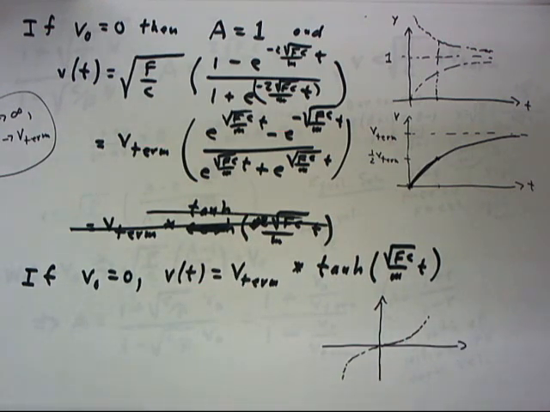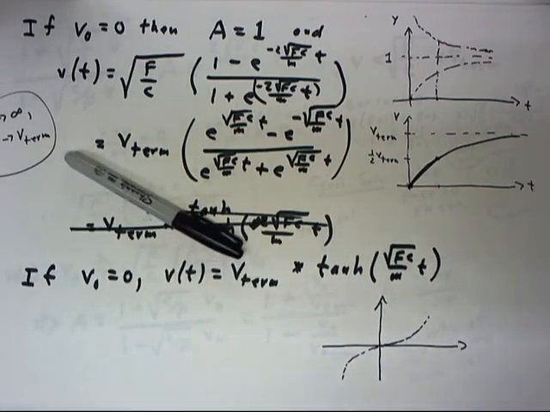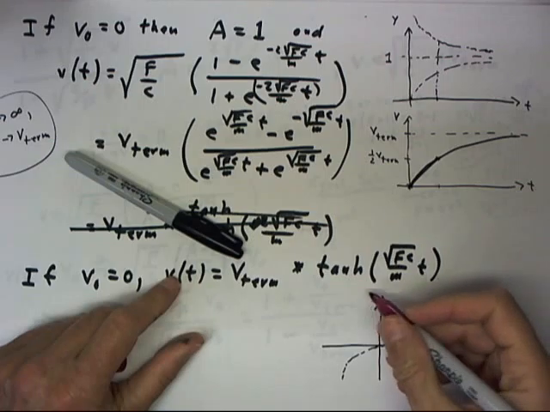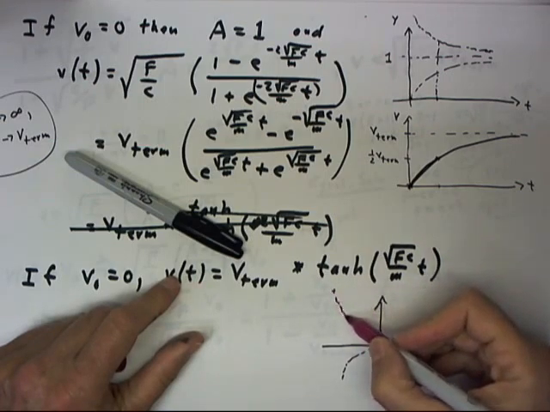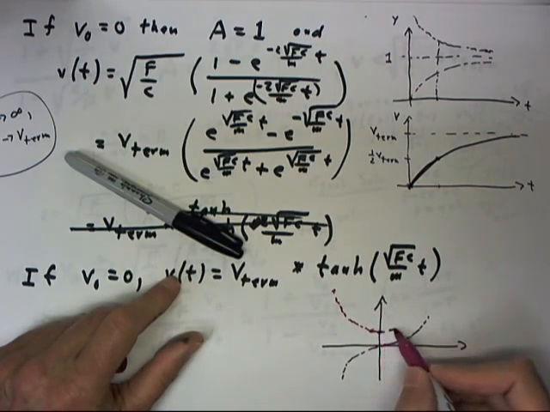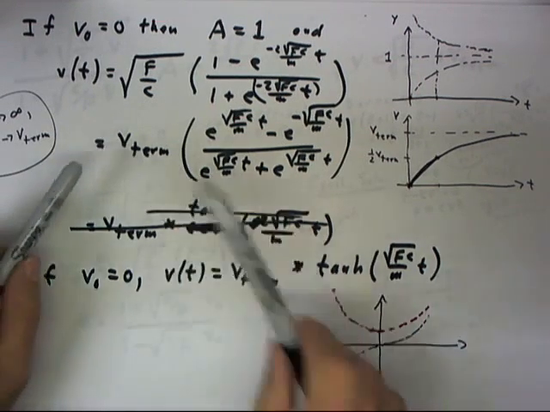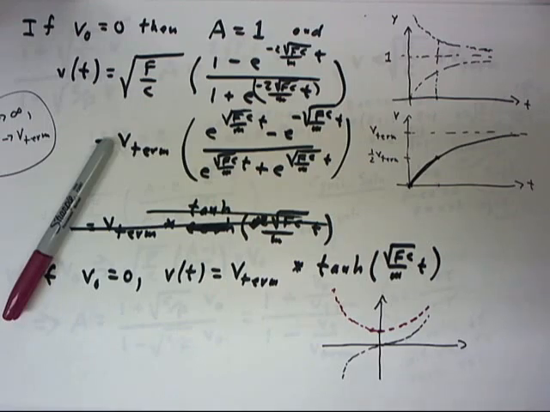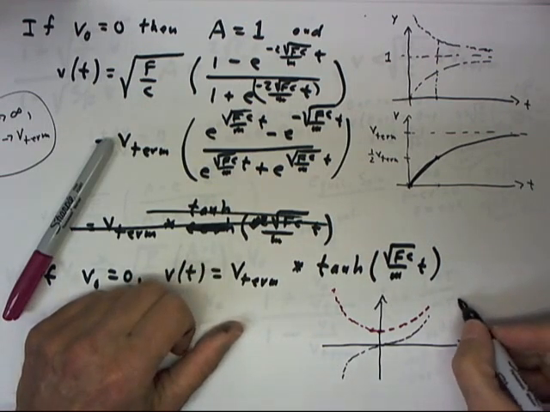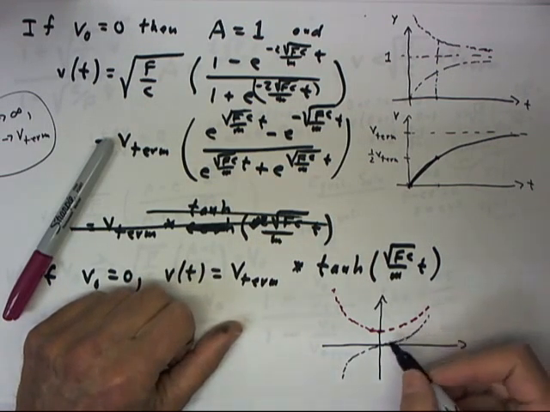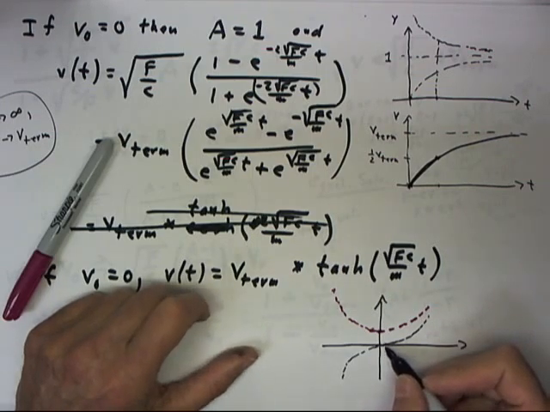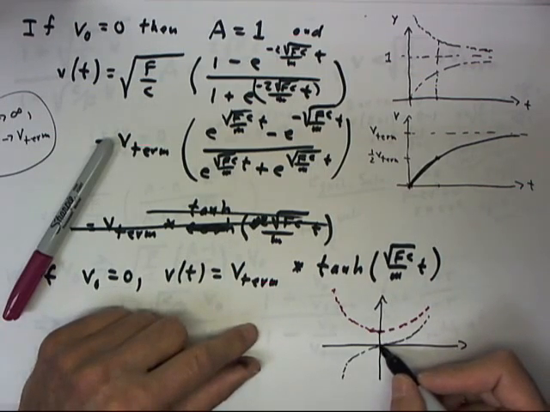The hyperbolic cosine of t has a graph, and let's draw that in a slightly different color, that looks something like this. Now, as we go to the right, both of these graphs approach the graph of e to the t divided by 2.